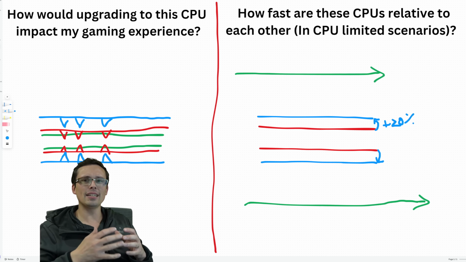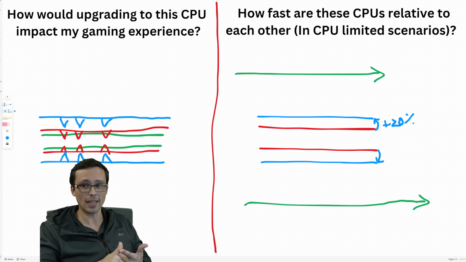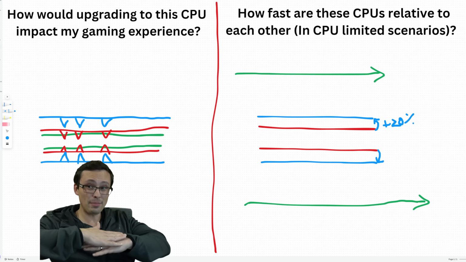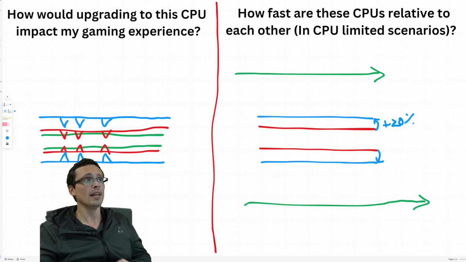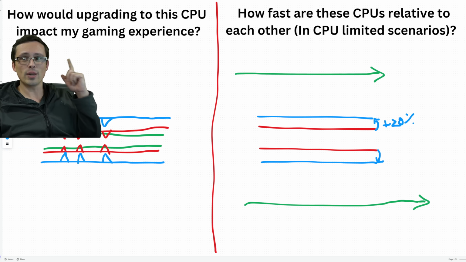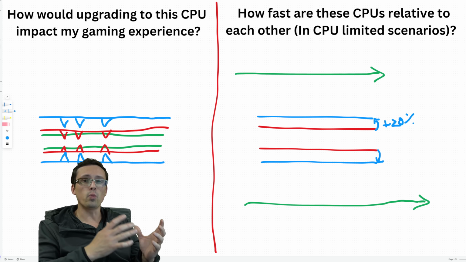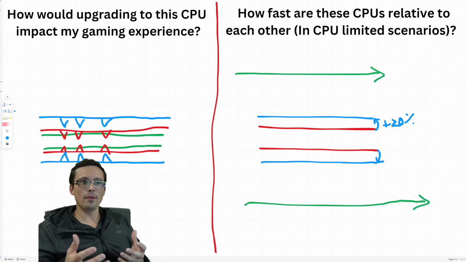You guys see how we're getting into the weeds on this, because if you change any one of those variables, the scene of the game you're testing, the rendering resolution you're using, the monitor resolution, which CPU you have currently, is it really bad or is it already pretty good, which GPU you're using. You guys see the problem, right? So if this is the question you want the answer to, hopefully you're a little bit more sympathetic to why CPU reviews aren't done that way. Because again, how do we do that?